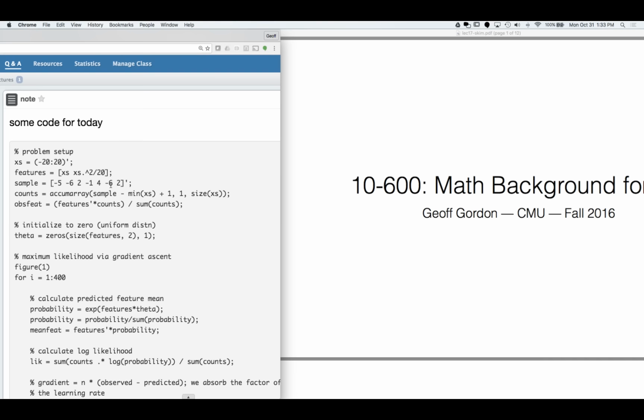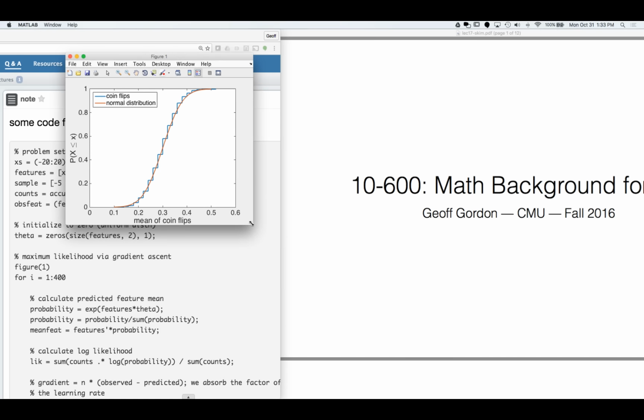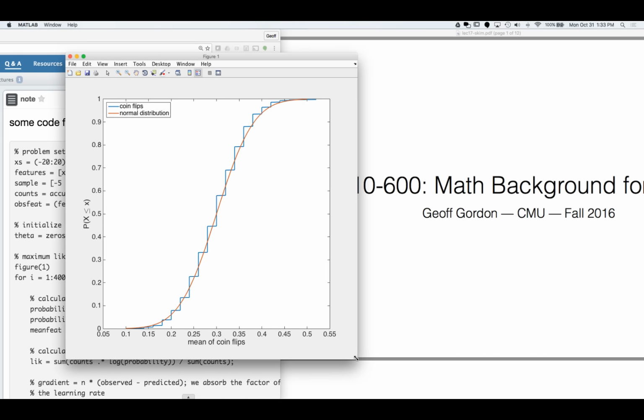So let me show you first what this does. We'll get a figure window here. Ignore what's in the figure window currently. We'll get to that later. But what that does is the following.